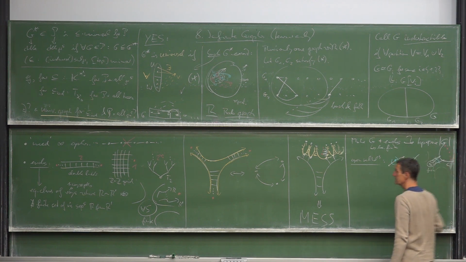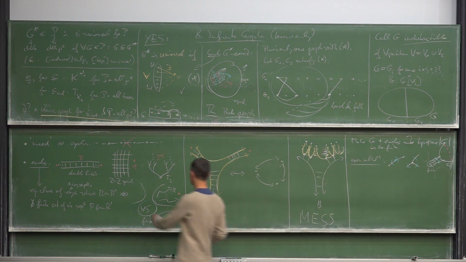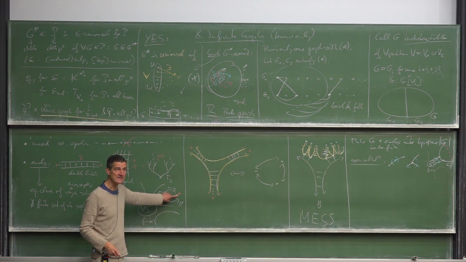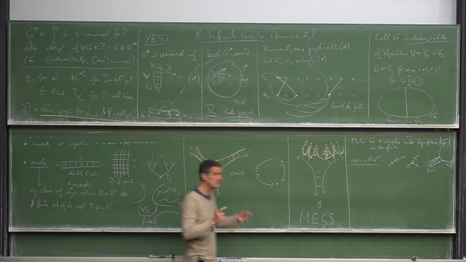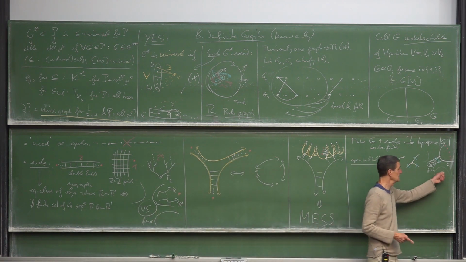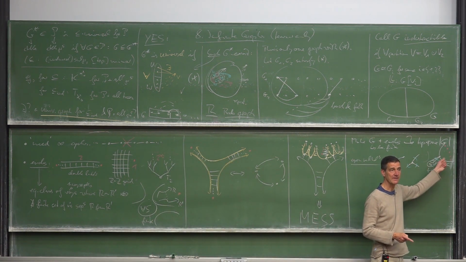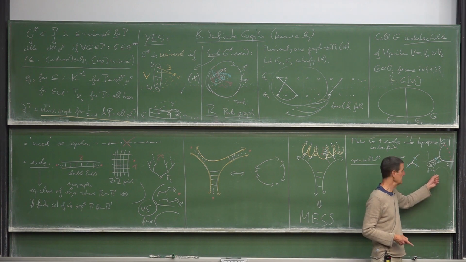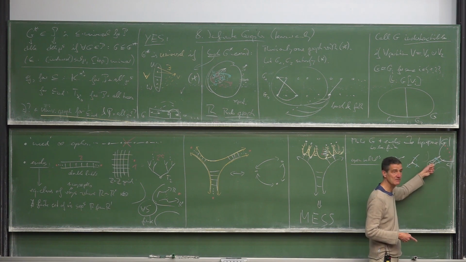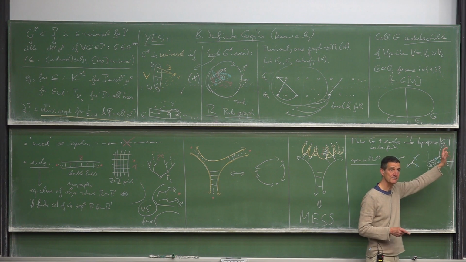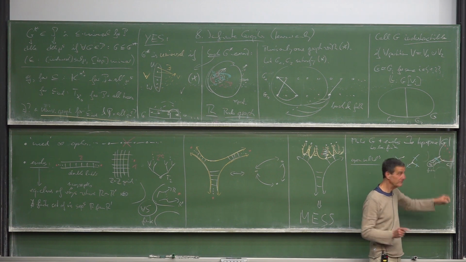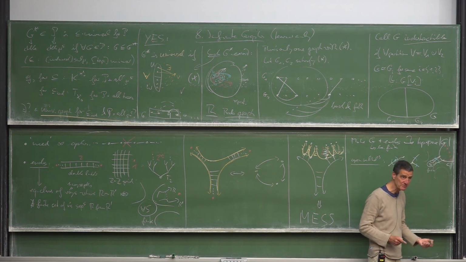And I told you earlier that that's well defined, right? So for every end, all its rays will eventually end up in one of these finitely many components. S is finite, the graph is locally finite, there are only finitely many components, and every ray can cross S only finitely often, and after that, it disappears into one of these components, and equivalent rays must disappear into the same component.